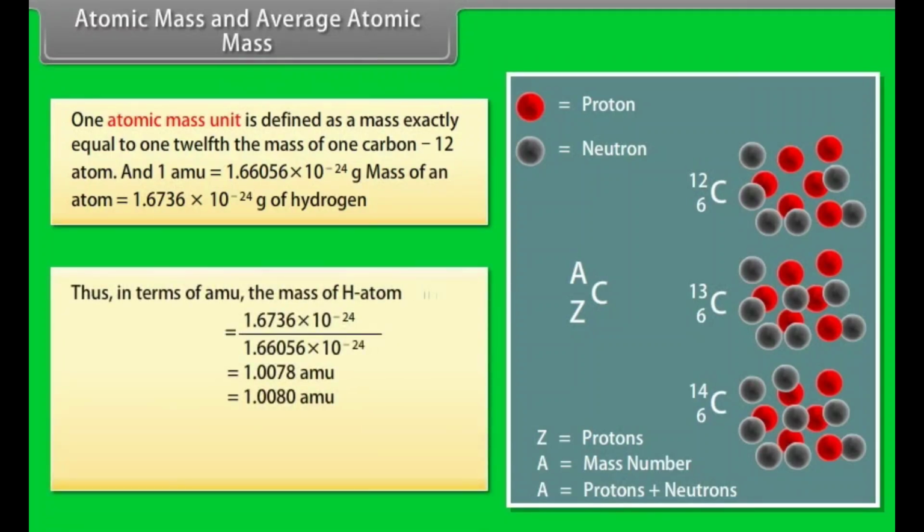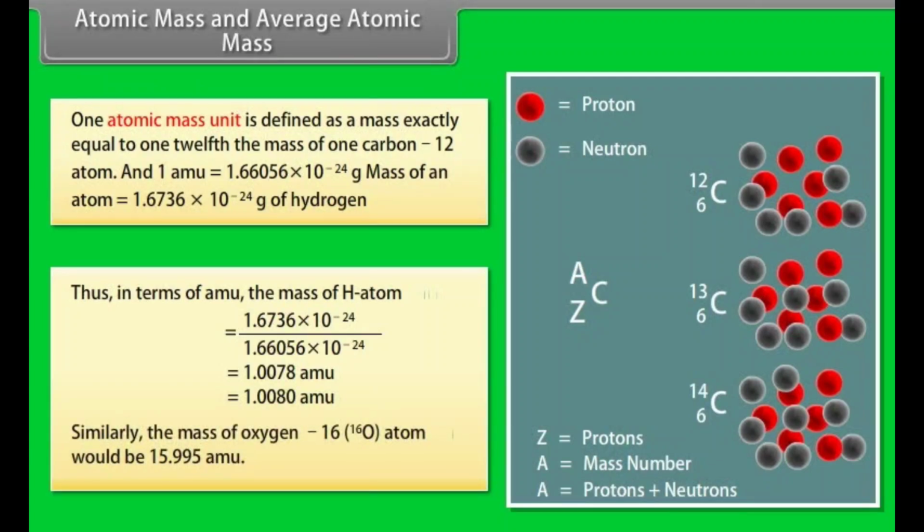Thus, in terms of AMU, the mass of H atom is equal to 1.6736 × 10^-24 upon 1.66056 × 10^-24, which is equal to 1.0078 AMU, which equals 1.0080 AMU.